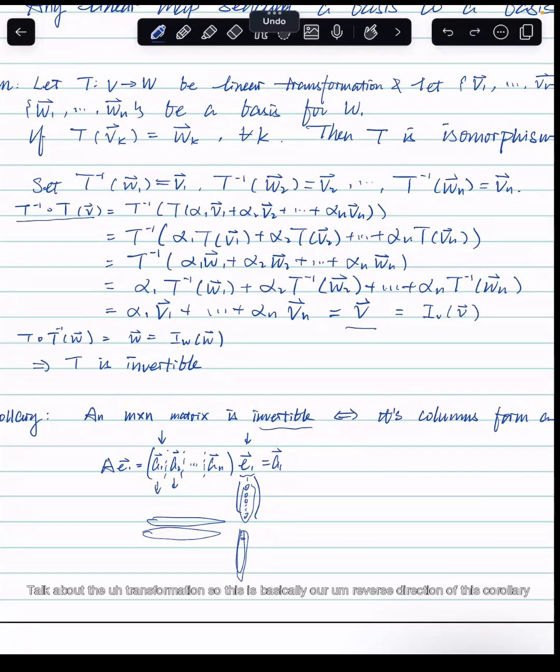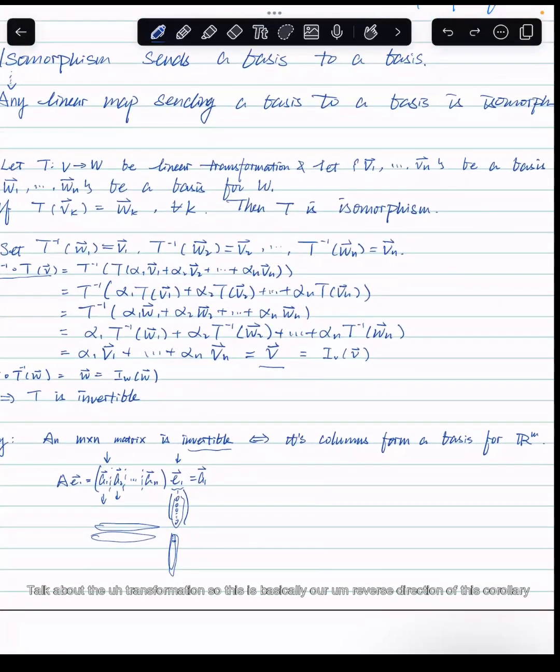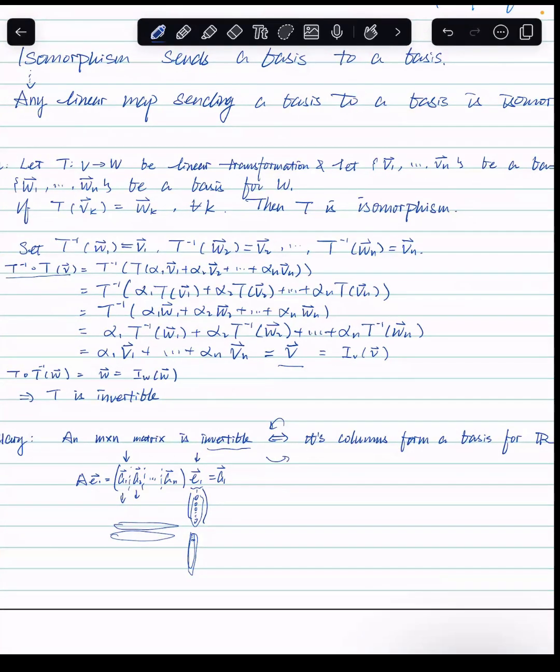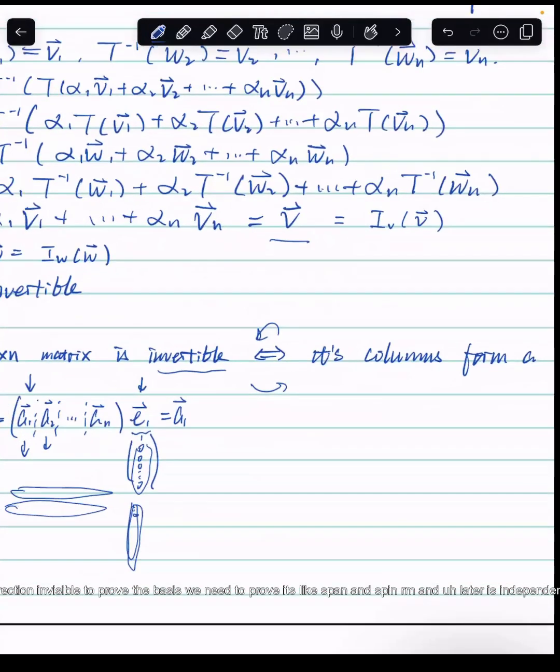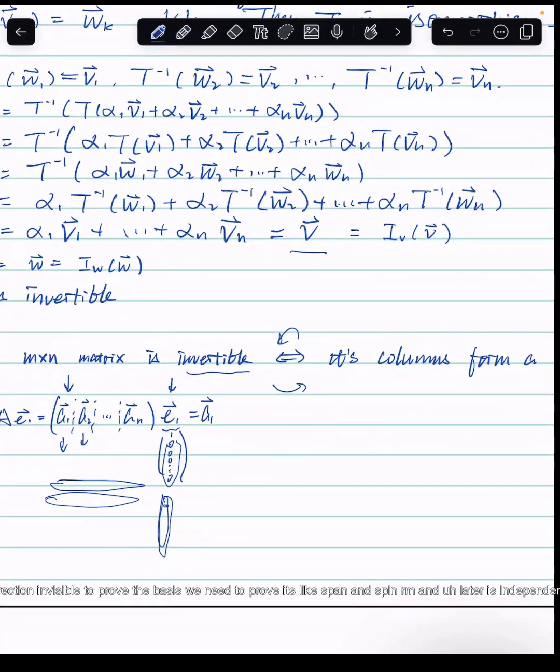So this is basically the reverse direction of this corollary. First direction, invertible to prove the basis, we need to prove it spans Rm and is linearly independent.